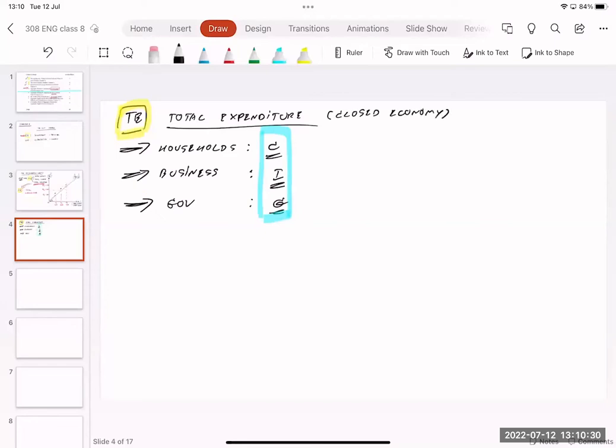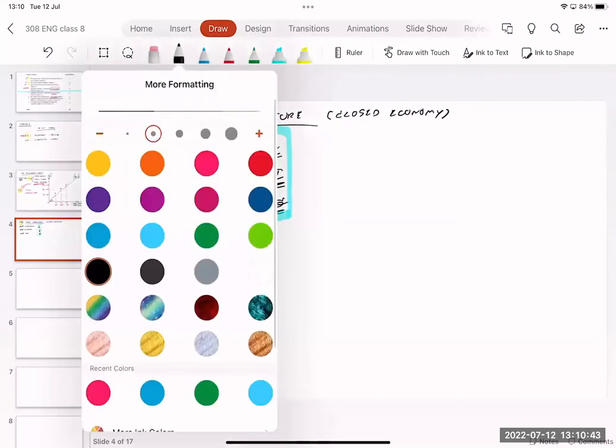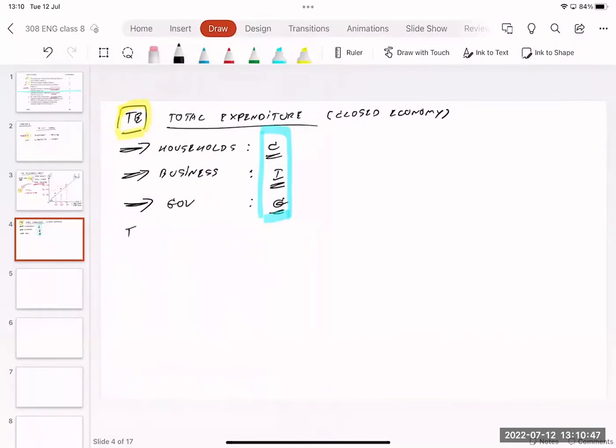So the total expenditure for the closed economy comes from consumption, investment, and government spending. So in the end, I can write down the equation of TE as TE equals C plus I plus G. Done. This is the total expenditure equation.